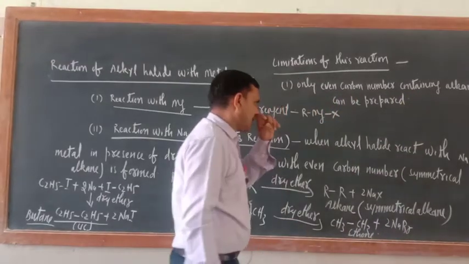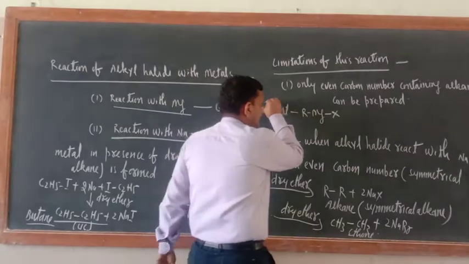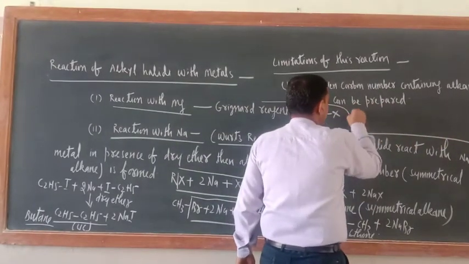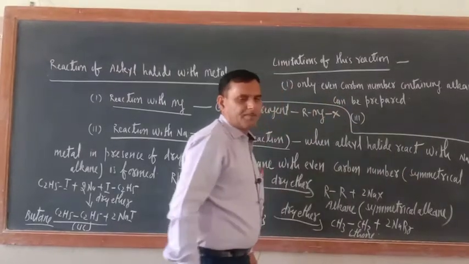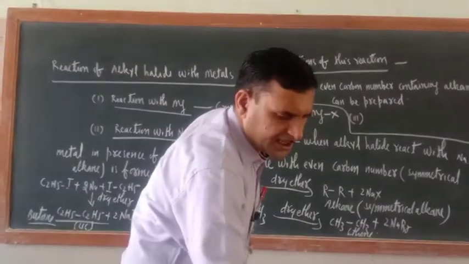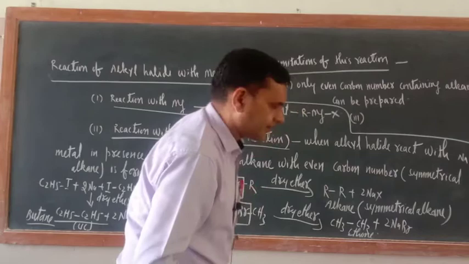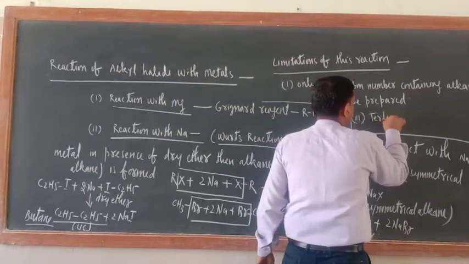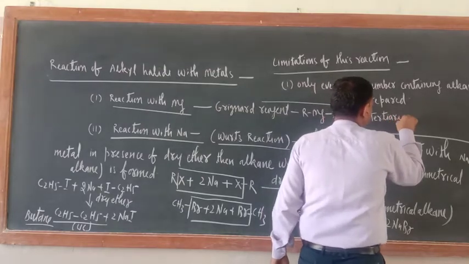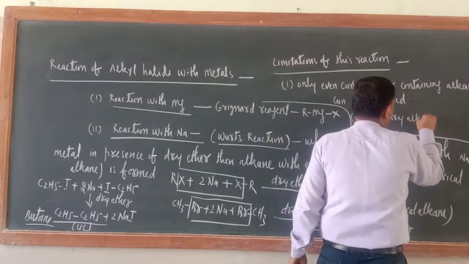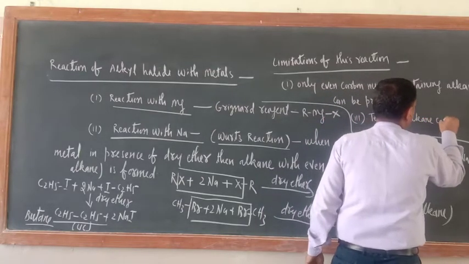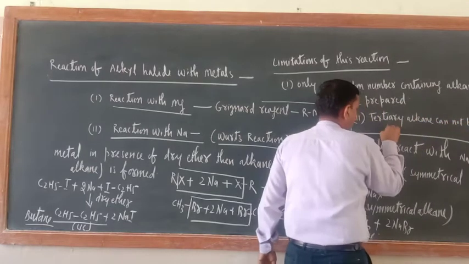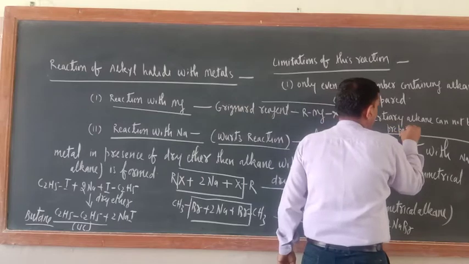That is the first limitation. What is the second limitation? The second limitation is that tertiary alkane cannot be prepared. Now we'll explain.